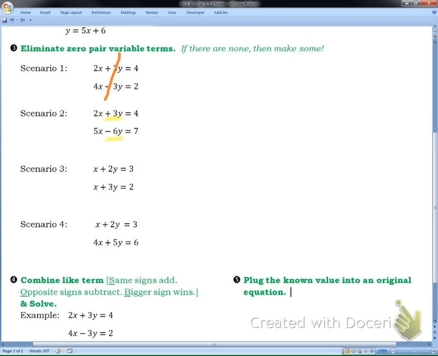So I want to point this out because when you're trying to choose which variable you're going to attempt to eliminate, if you're halfway there, then use that variable. What I mean by that is, okay, we already have opposite signs, but we don't have the same coefficient, the same number. So now we need to make them the same number.